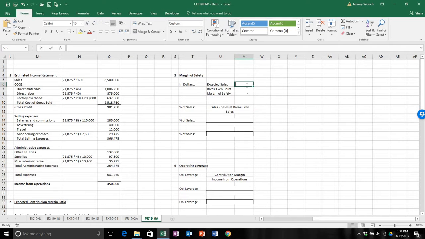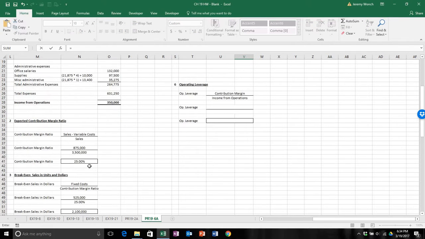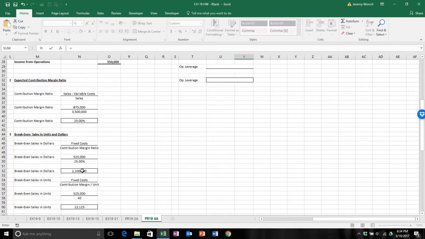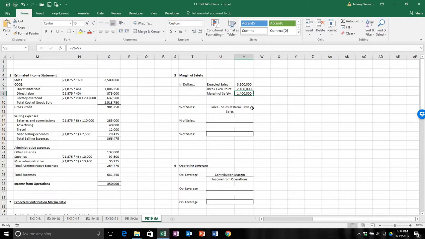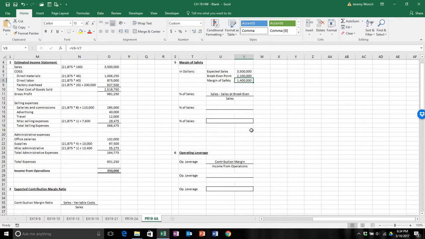If we take what we're expected to sell at the 3.5 million, and we take our break-even dollars, which we calculate at 2.1 million, that means we have a margin of safety of 1.4 million. So we know that if our sales expectations are wrong, we have $1.4 million to play with until we actually have a loss.